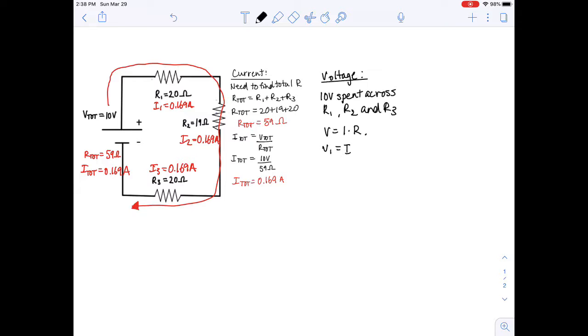Okay, so if I know that V1 equals I1 times R1, I can simply just calculate V1 by multiplying 0.169 times 20. And that gives me a voltage drop of 3.39 volts.